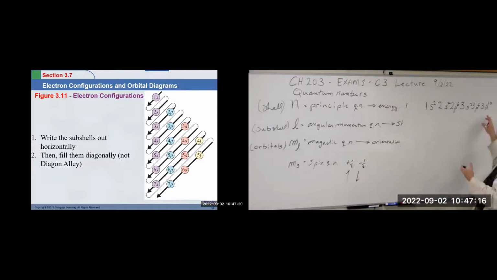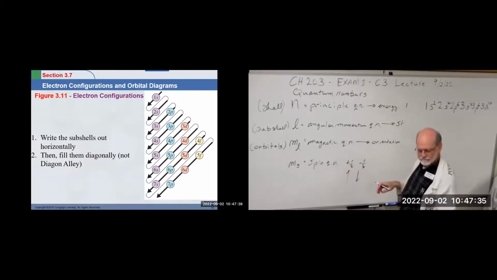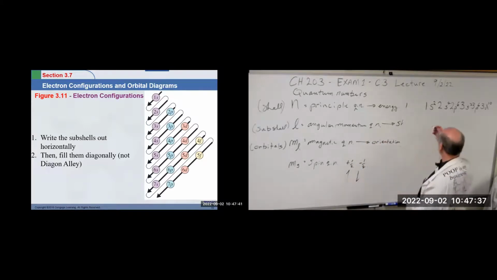And then if we get up to F's, we have to go to 4 to get to F's. You would have 14 possible. Now, is that the correct order, energy order from left to right? Low, next, next, next, higher energy as we go. Well, what we need is this arrangement. We write the 1s's down here.